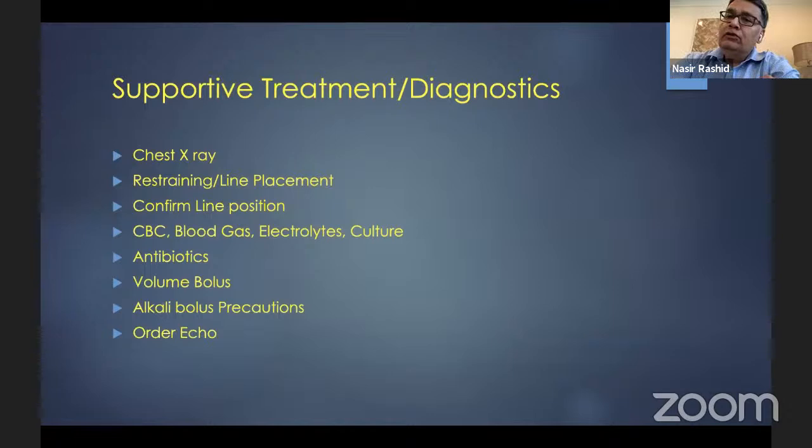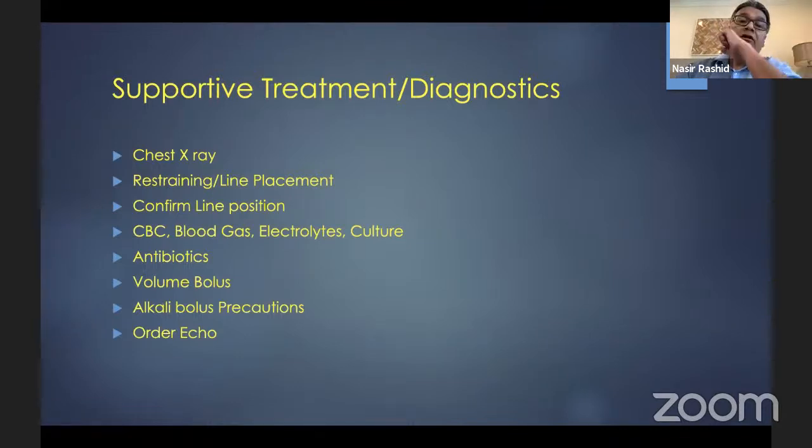Alkali bolus, I do not do that. I don't know about the use of alkali in other parts of the world, and we can talk about it when we discuss this case in open forum. But before giving the alkali, make sure that your line is properly placed. If you are giving it through a UVC, it should be above the liver. It should not be in the liver or below the liver. It should be above the liver.